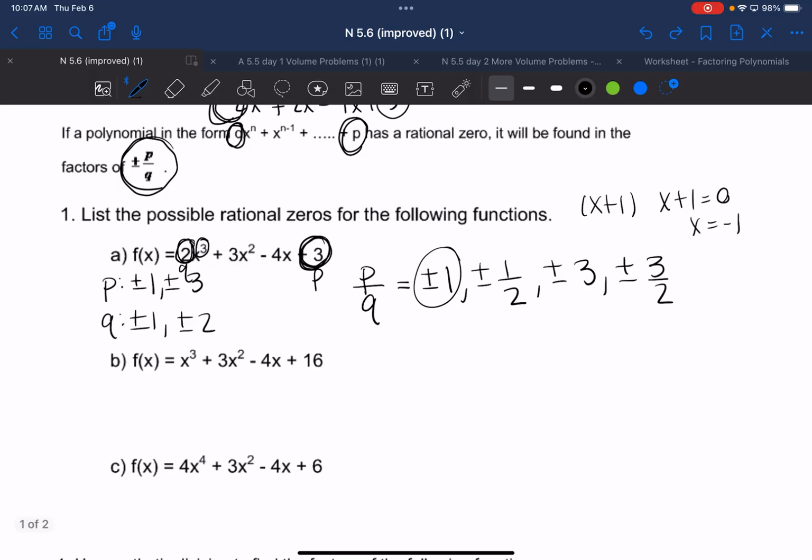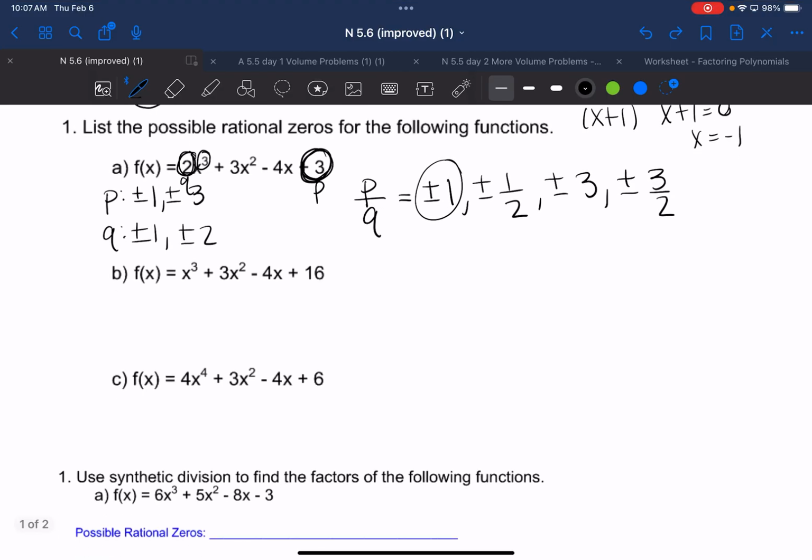All right, so for part B, what is my Q? One. All right, remember Q is with the highest exponent. So Q is 1. And what's P? 16. Okay.